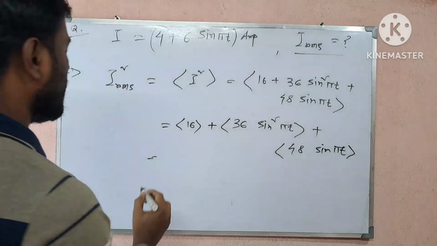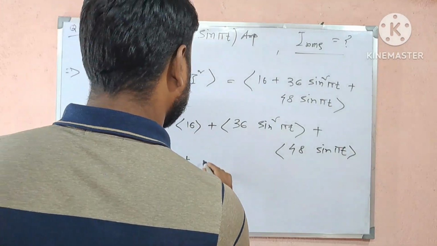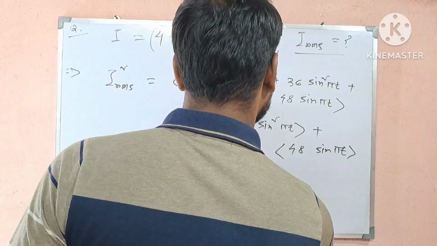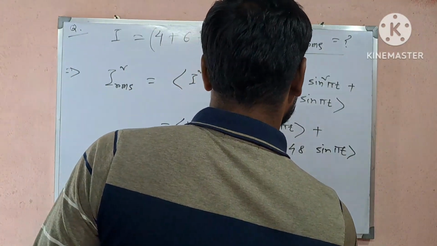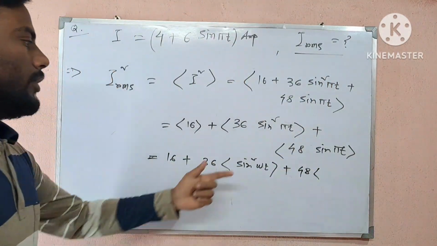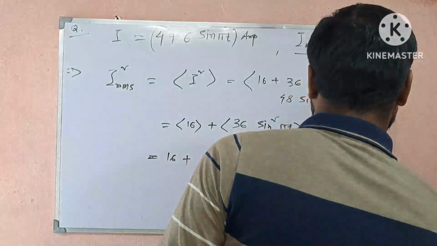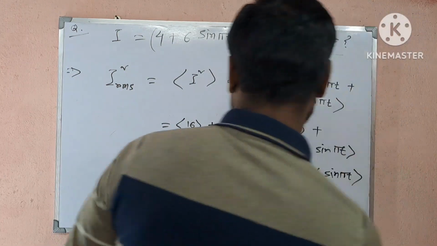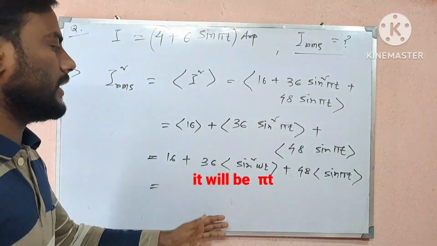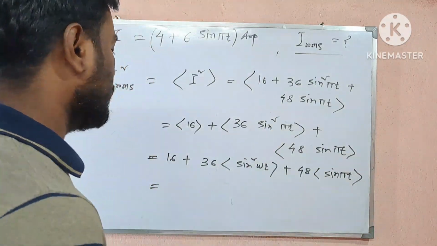Now here it is clear that 16 is a constant, so its average value is always 16, plus 36 is a constant, so it will come out from the average symbol, and inside the average symbol there will be sine square pi t. A similar rule will be applicable for 48. 48 will come out from the average symbol, and inside there will be sine pi t. And we just learned that the average value of sine square and cosine square in a full cycle is half, and the average value of sine and cosine in a full cycle is 0.